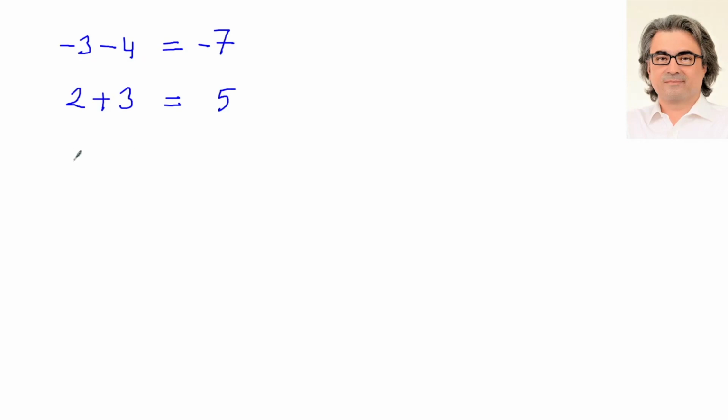Now the next example, let it be 2 minus 3. Now they have different signs, plus and minus. If two numbers have different signs, then I should make subtraction. I should find the difference between them. Now my numbers are 2 and 3.